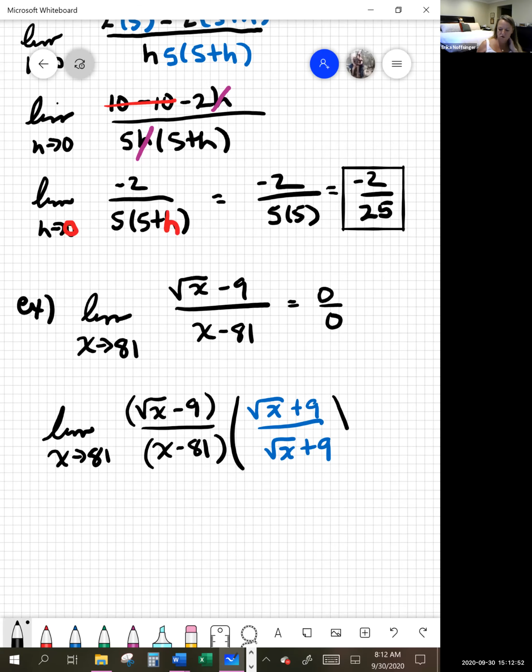But notice that what we have in the numerator, x minus 81, is a factor down here in the denominator, so those are going to cancel. So you're left with a 1 in the numerator all over the square root of x plus 9.